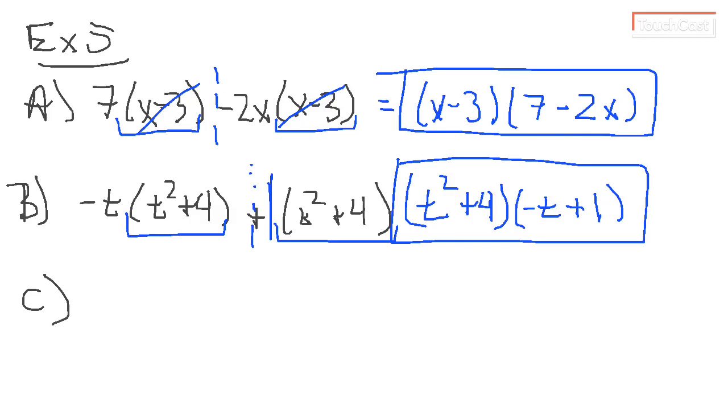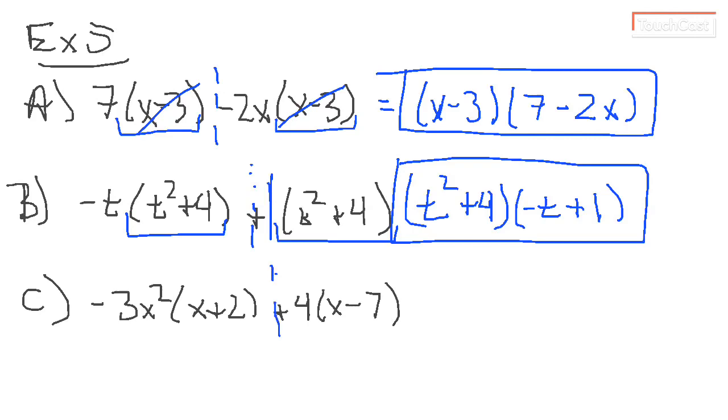So 5c, we're going to take negative 3x squared times x plus 2 plus 4 times x minus 7. Well, if we break this up, I don't see anything in common on either side of that plus sign, so this one cannot be factored.